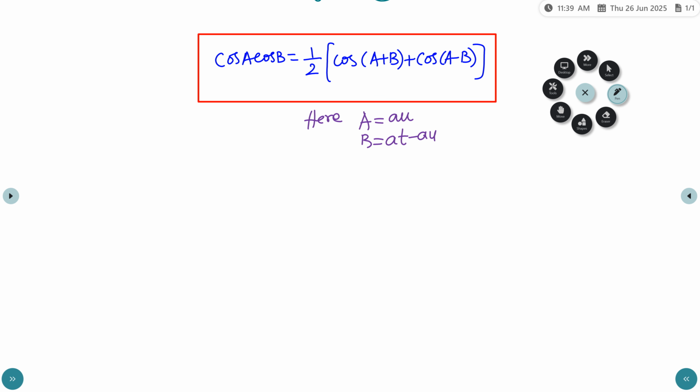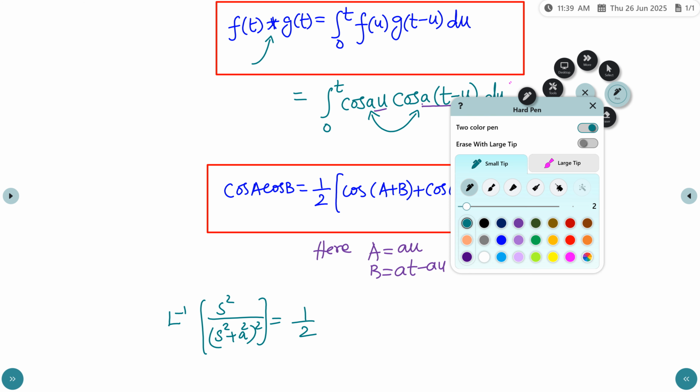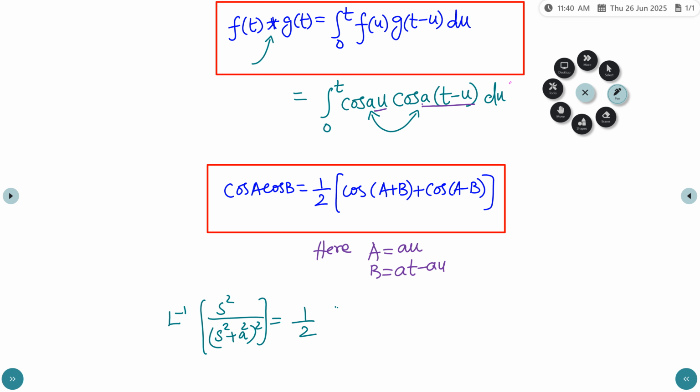L inverse of s square by s square plus a square the whole square equals 1 by 2 into the integral 0 to t of cos of A plus B plus cos of A minus B. What is our A?